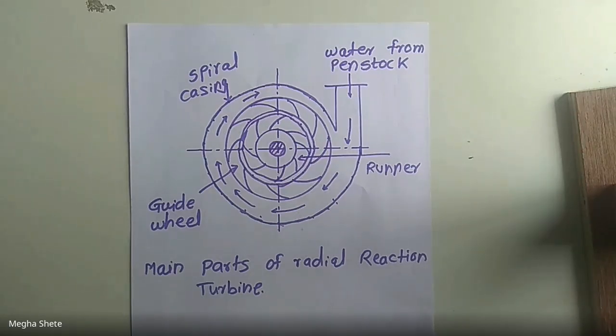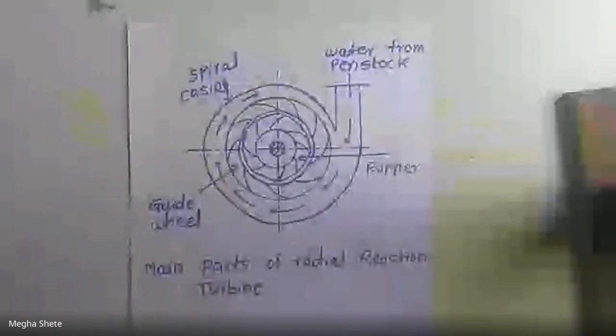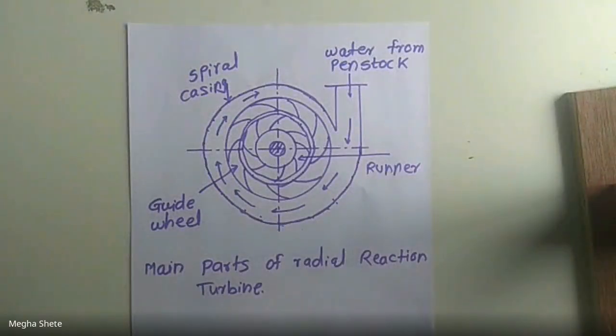A tube or pipe of gradually increasing area is provided from the exit of the turbine to the tail race, and that tube is called the draft tube.